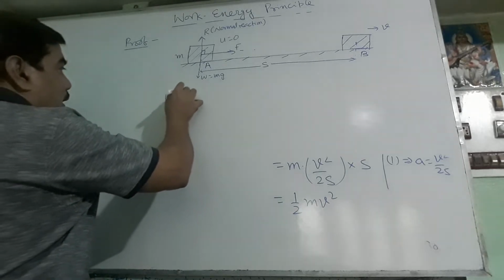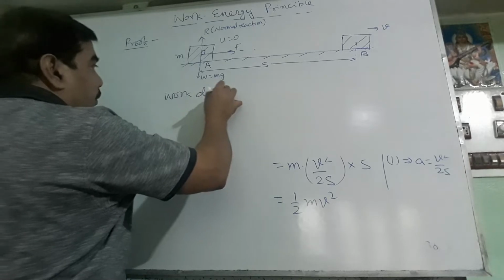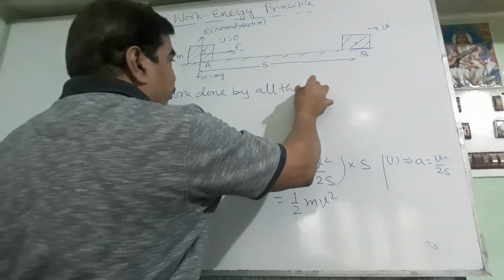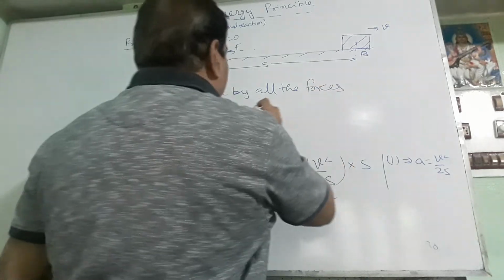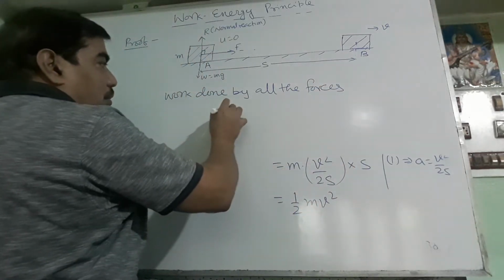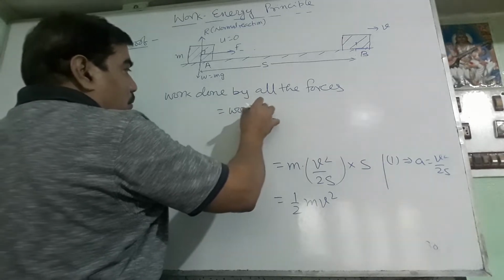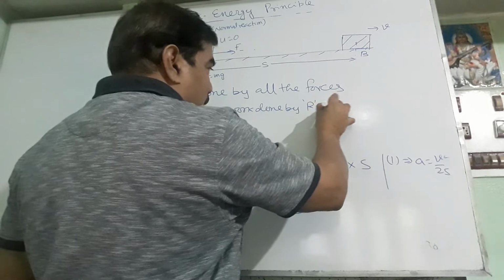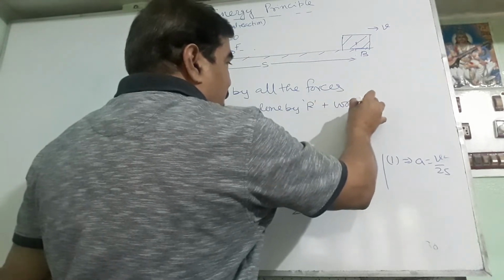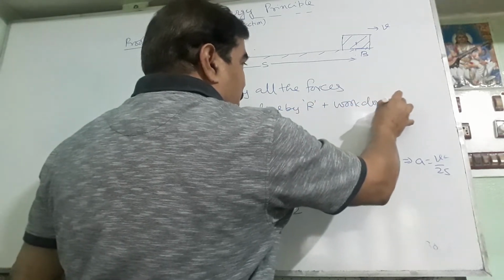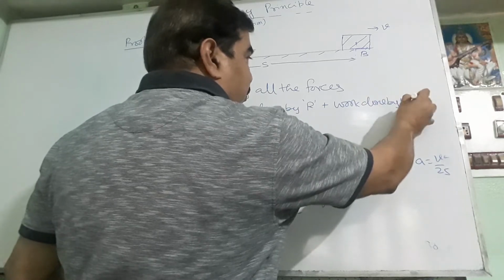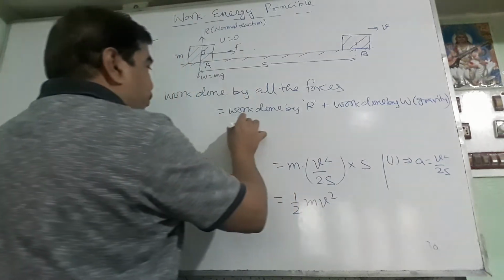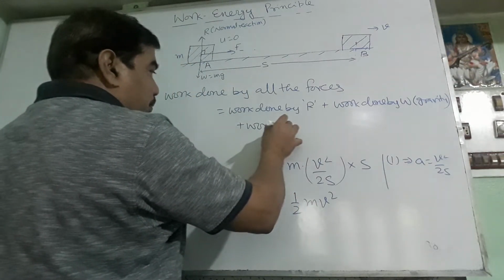So work done by all the forces is work done by R, the normal reaction, plus work done by W, the force of gravity, plus work done by the external force.